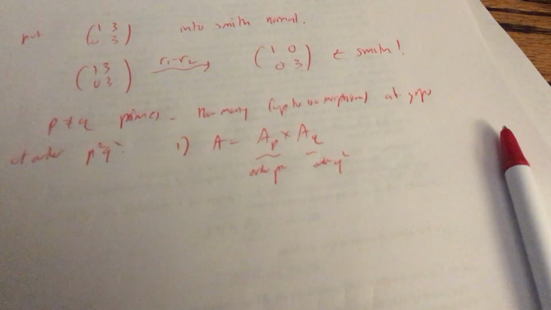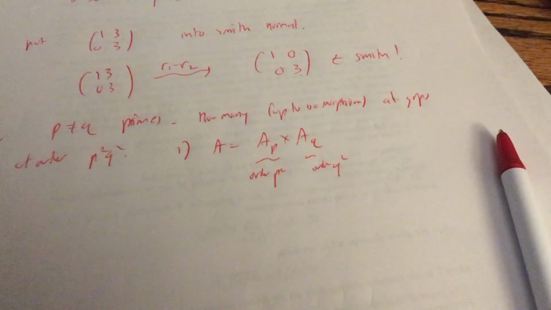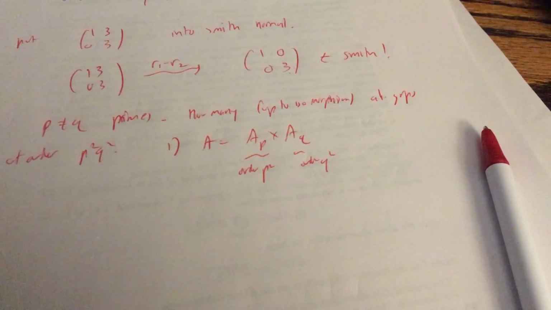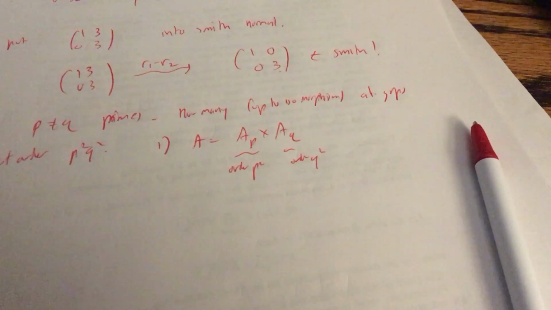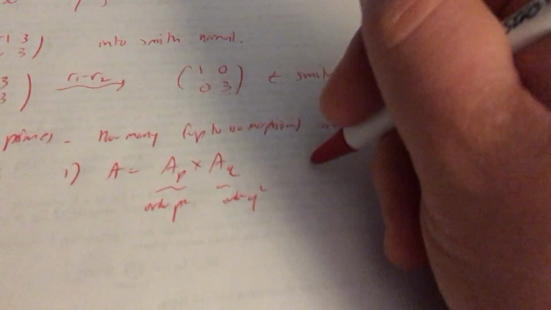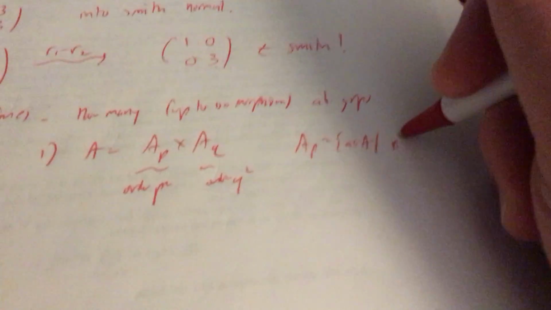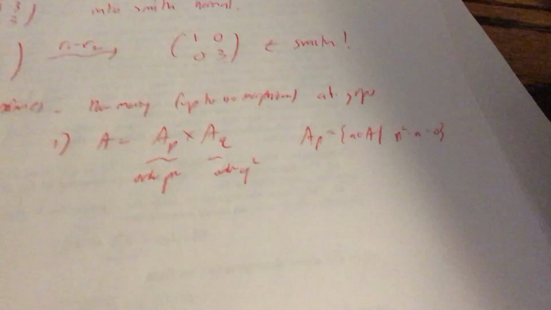But actually, I realized a minute later that there's a simpler way to see it, which is that A_p is the p squared torsion, and A_q is the q squared torsion. You can canonically figure out what these are. A_p is the set of a in A such that p squared times a is 0.